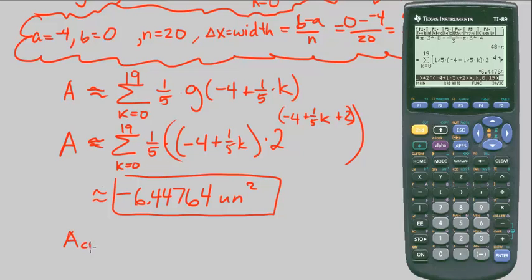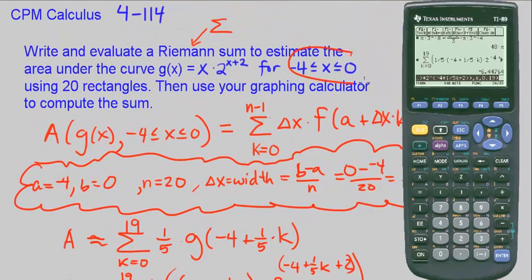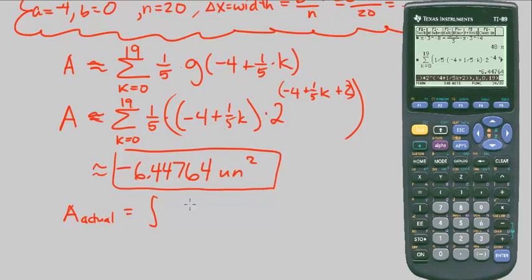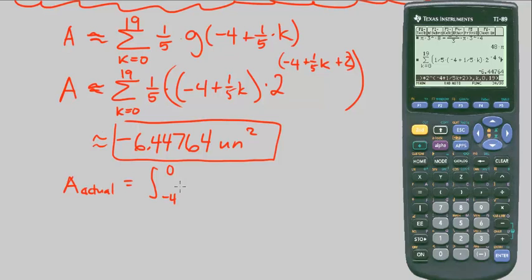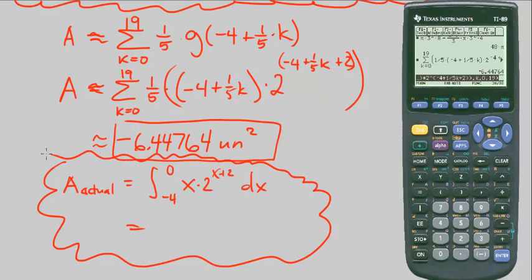The actual area is just the integral, using the boundaries -4 to 0, of our function g of x, which is x times 2 to the power of x plus 2 dx. Let's quickly calculate this. This is not what the problem is asking, but let's see how close we were using 20 rectangles as an approximation.